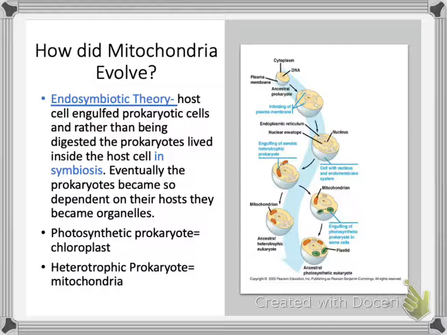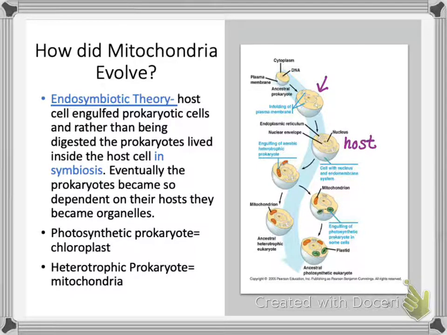So in the past, there was this really simple kind of eukaryotic cell. There was infolding, it had a membrane around its DNA, so it had a nucleus, it had some endoplasmic reticulum and things like that. So it was a really basic kind of cell, and we call that the host cell.